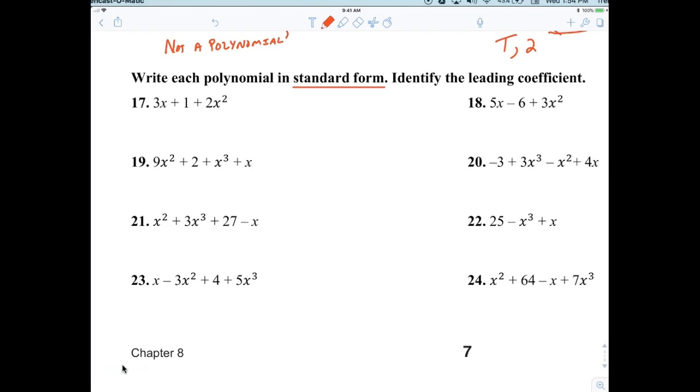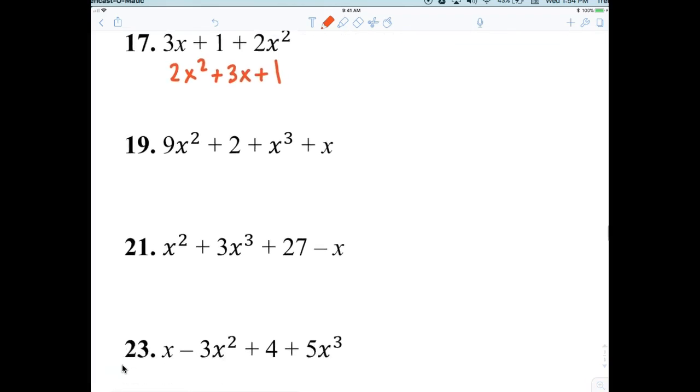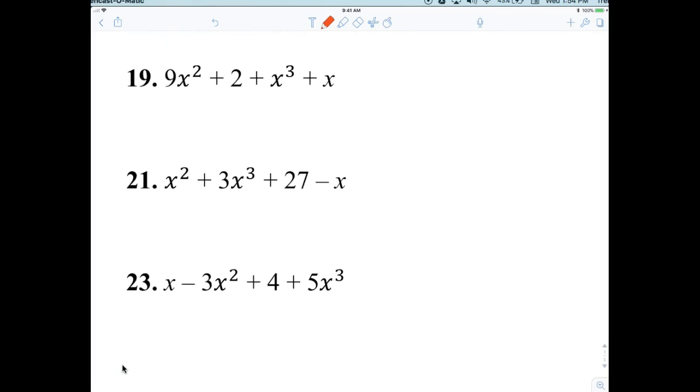So in this particular case, we would say 2x squared plus 3x plus 1. Number 19, x cubed plus 9x squared plus x plus 2. Notice the constant is at the end.